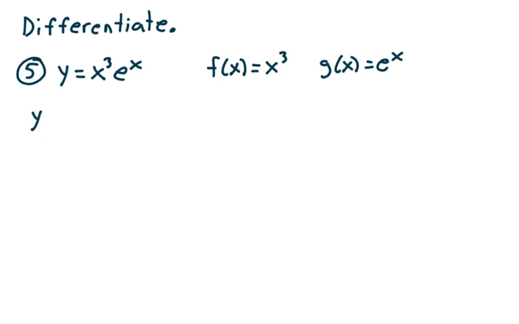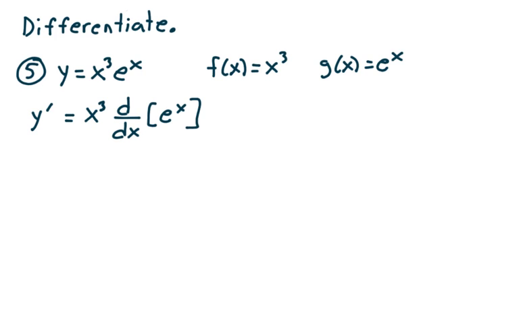So I'm going to find y prime. So in other words, I'm going to find the derivative of y with respect to x. So I'm going to write down the first function, and I'm going to take the derivative of the second function with respect to x.